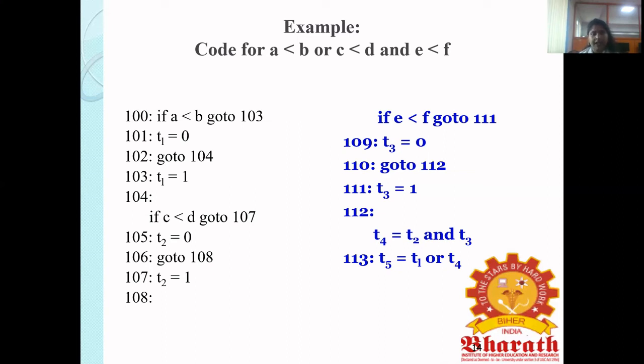I already discussed that and comes first and only then or. Now we're going to execute the or. We take the result from T4, so T1 or T4 will be assigned to T5. So this is the example for Boolean expression.